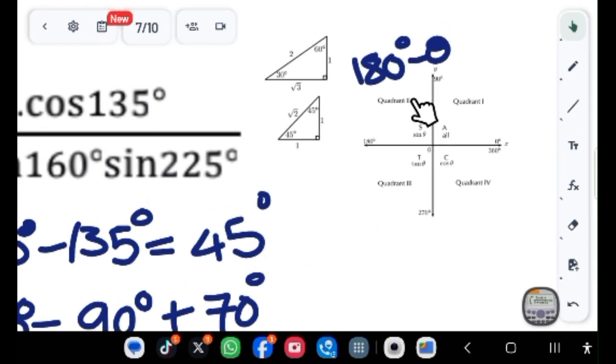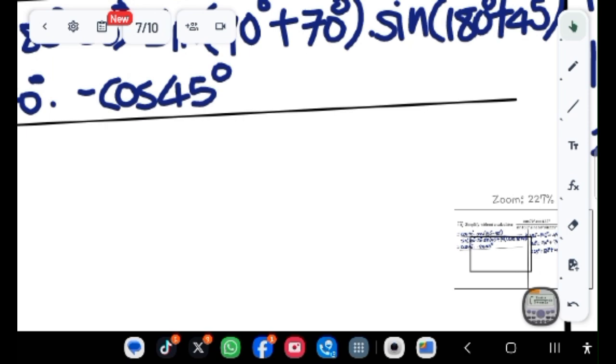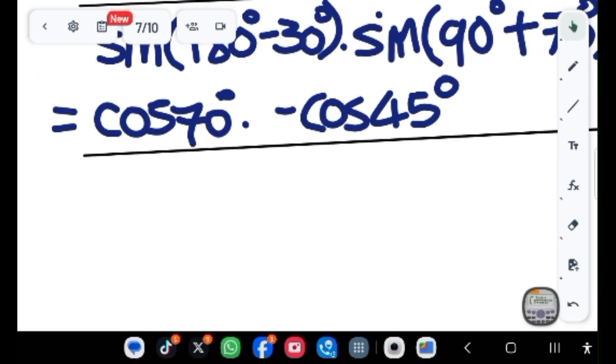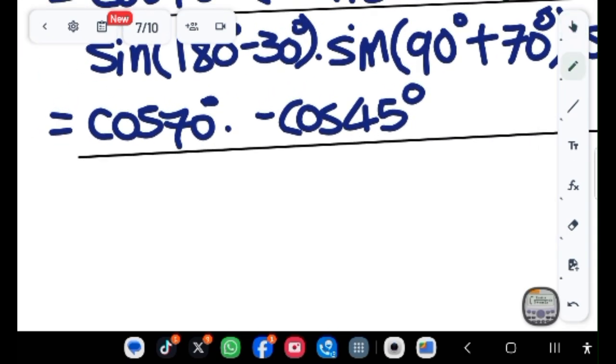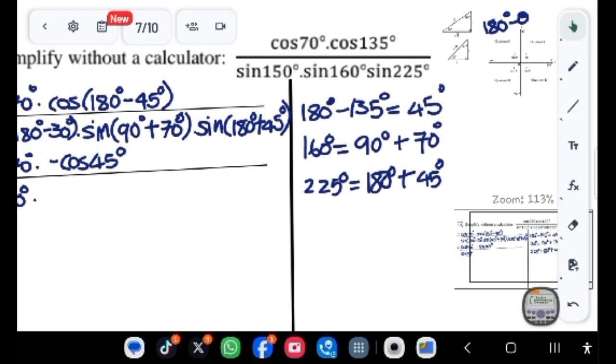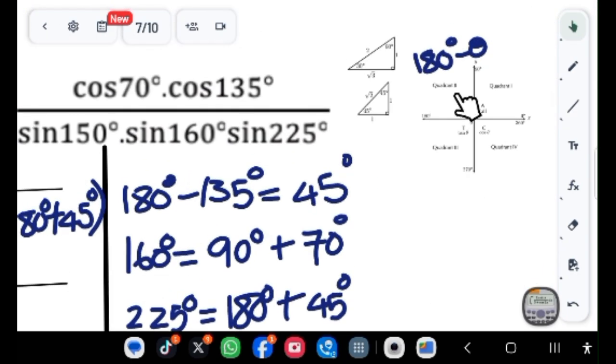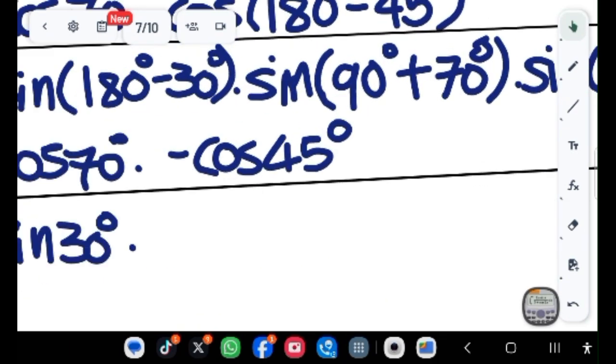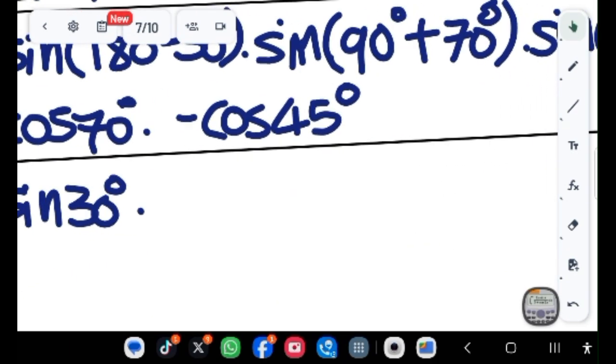It's in the second quadrant, sine is positive there, so that reduces to sine of 30 degrees, times the sine of 90 degrees plus 70. That lands us in the second quadrant, where sine is positive, and that changes into the cofunction, so that will be positive cos of 70 degrees, which matches the one at the top.